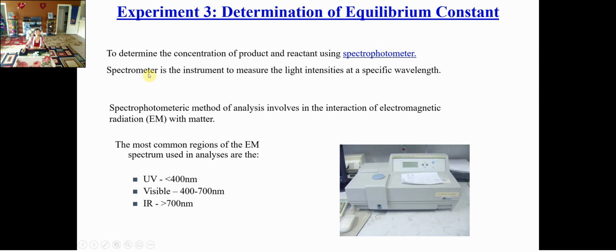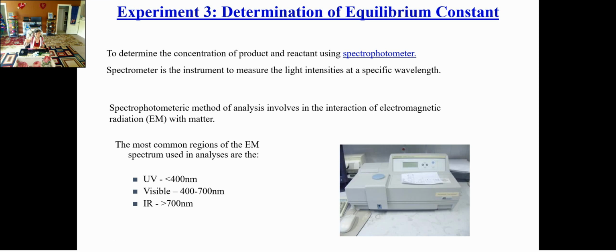It is an instrument to measure the light intensity at a specific wavelength. In our lab, you need to fix the wavelength for the particular chemical reaction. Different chemical reactions result in light absorption at different wavelengths. You need to know that wavelength number.